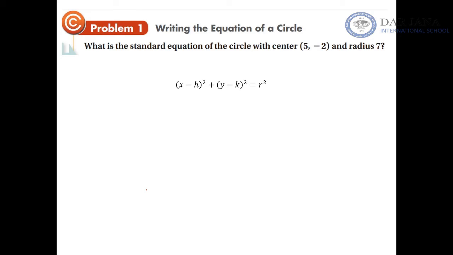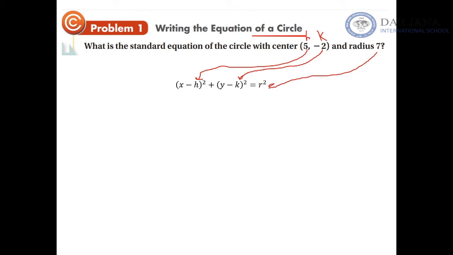Now I start to replace with what I have. What is the value of h here? It is 5, so I'm going to replace this h by 5. And k is -2, so I'm going to replace this k with -2. Always remember, it's h first, k second. And the radius in this case is 7.